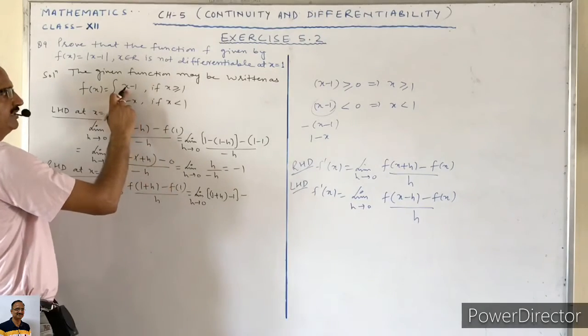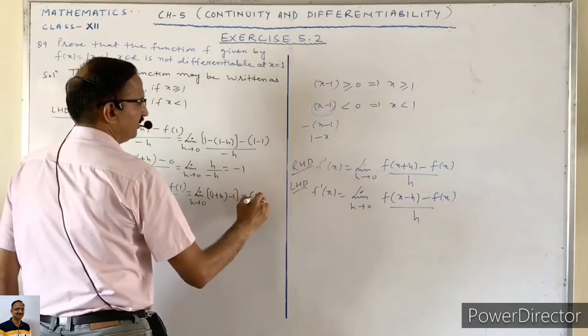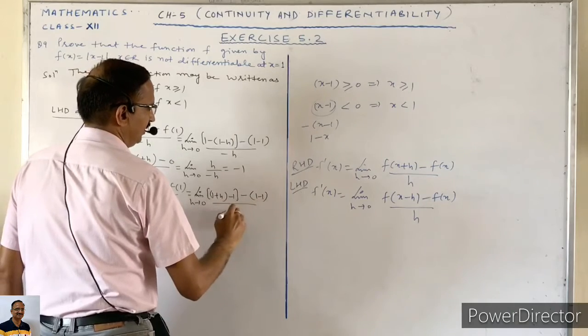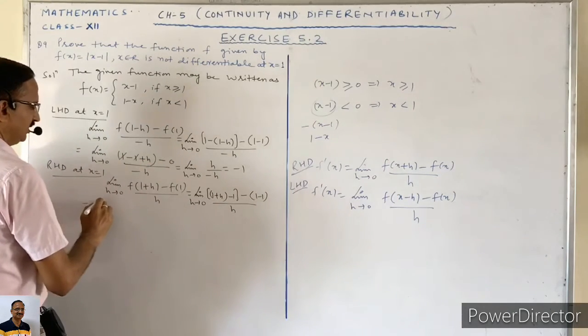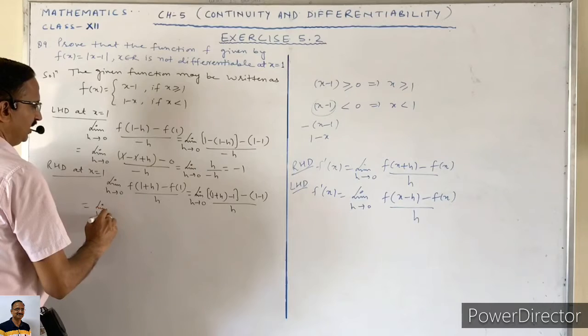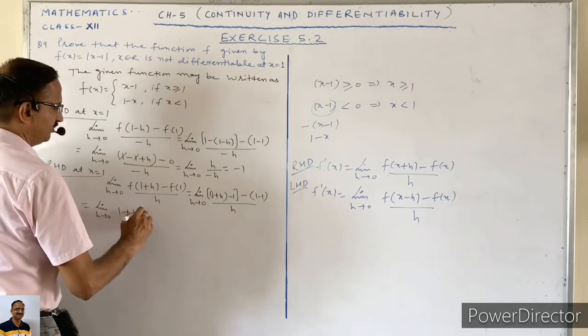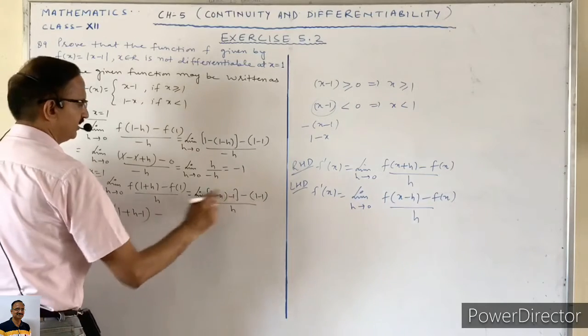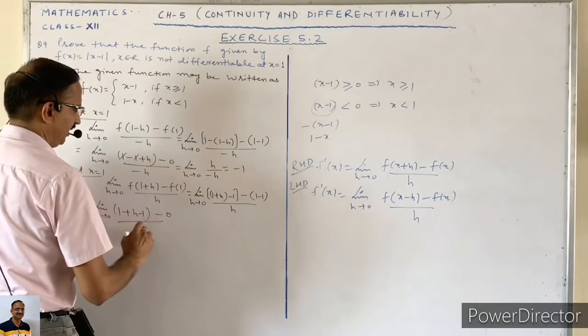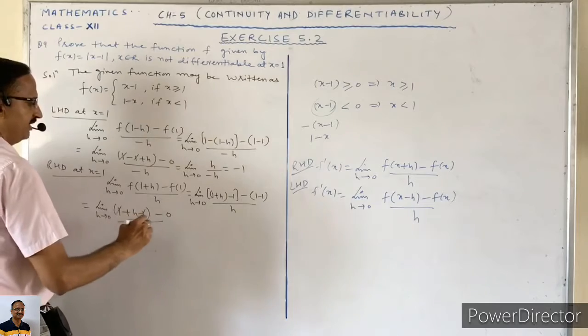So we will put x equals to 1. So this is limit h tends to 0 of (1 minus 1) by h. When we open the bracket, this is 1 plus h minus 1, and this is 0 by h. 1 and minus 1 will cancel.